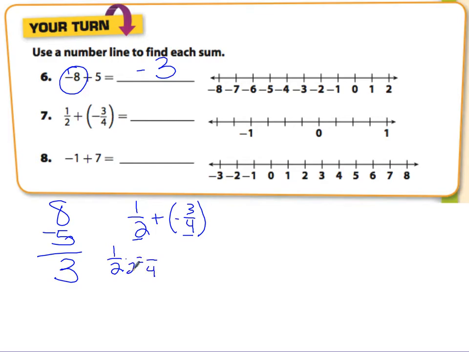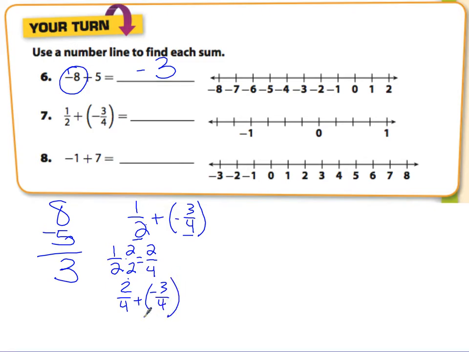I know that 2 times 2 gives me 4, so what I do to the bottom, I have to do to the top, and I get 2/4. So my new problem is 2/4, there we go, plus a negative 3/4.